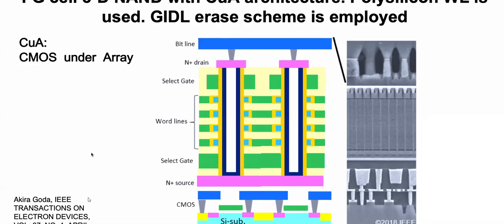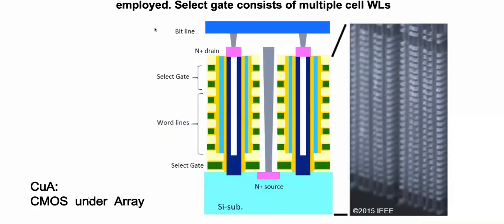And since everything is vertical, this architecture is called CUA, CMOS under array. It's a floating gate cell 3D NAND with a CMOS under array architecture, polysilicon, and this system uses the GIDL, the gate-induced drain leakage, to erase the system. I will not go into the physics, but you can see that if you want to design this type of cells, you need to understand short channel device physics.